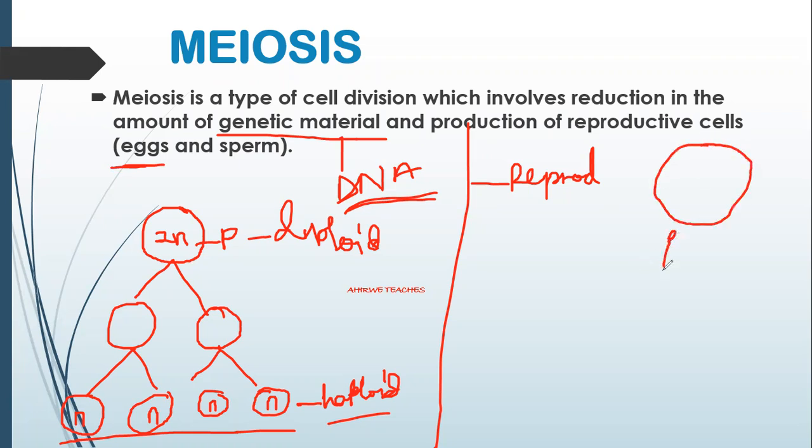So if this is the ovum, and this is the sperm. Surprisingly, the ovum is the largest cell, and the sperm is the smallest cell. You can imagine. But when the two come together, the sperm is going to cross the ovum and release its head, and the head will fuse. Actually, the head contains the nucleus, which will fuse with the nucleus of the ovum. And when that occurs, then we shall say that fertilization has occurred.